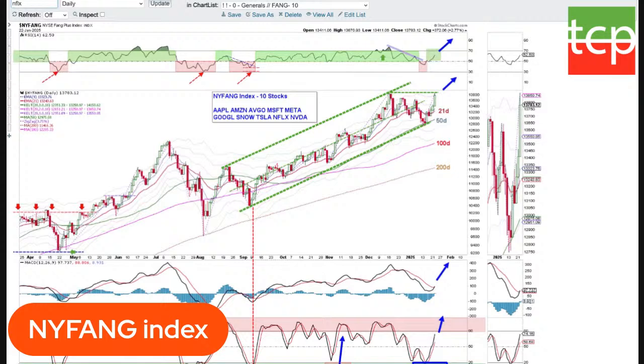I'll do occasional day trades in stocks that I don't watch or trade as much as the New York FANG components. So I don't have as good a sense of what the character of a stock is if I'm not trading it on a daily basis.